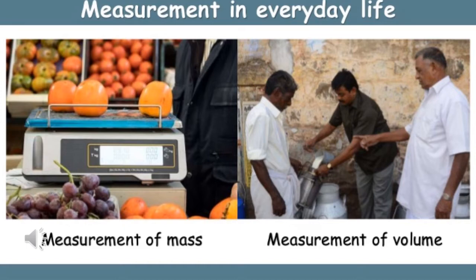So the liter, milliliter, gram, milligram, the units which you have studied previously, these are all used in our daily life, whether it is for purchasing an object or any object which is in the liquid state. So measurement is everywhere in our daily life.